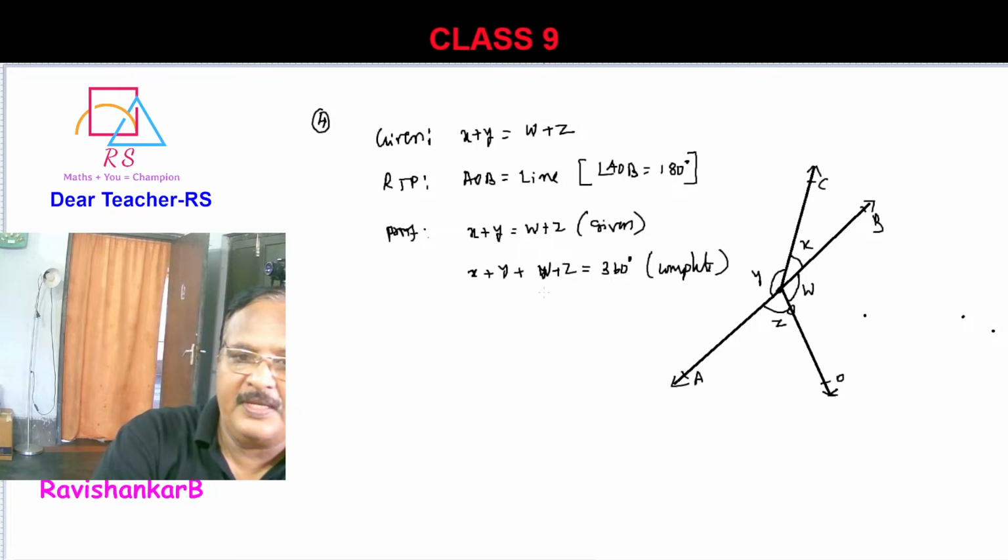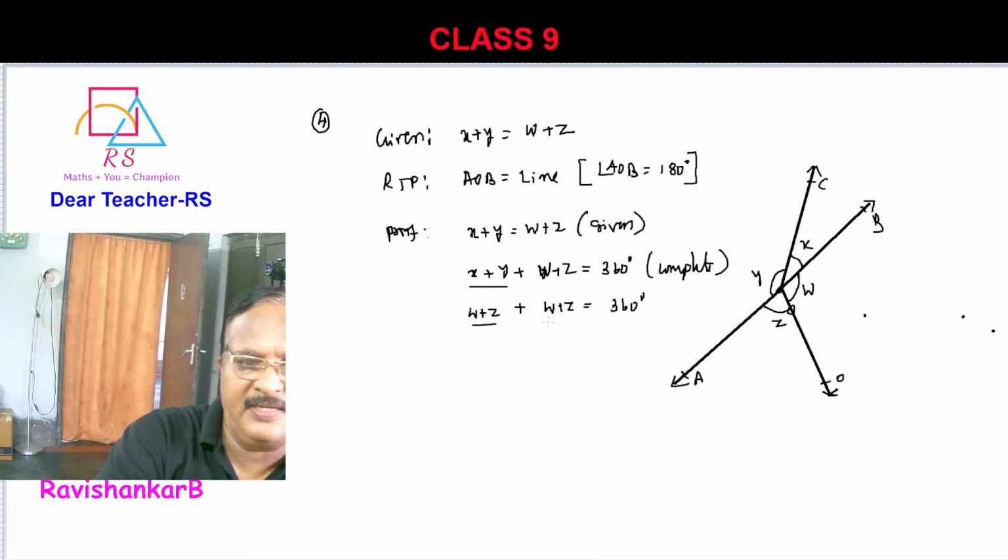So now in the place of x plus y, I will replace w plus z. W plus z plus w plus z is equal to 360 degrees. So these two things, 2 into w plus z is equal to 360.